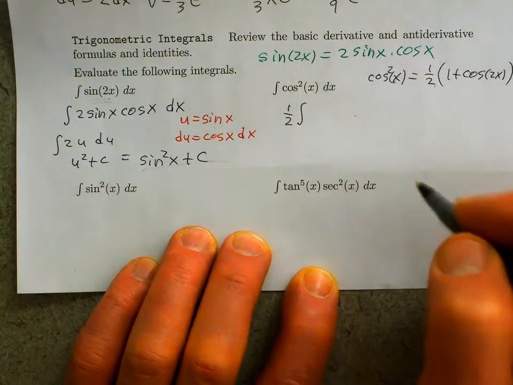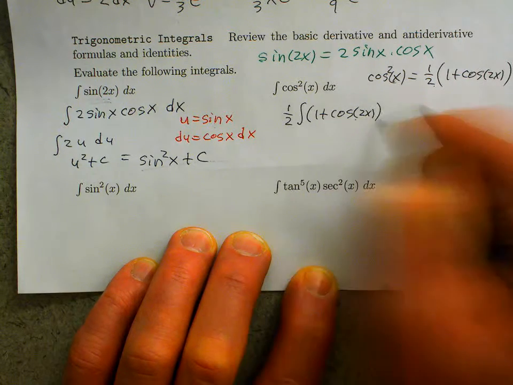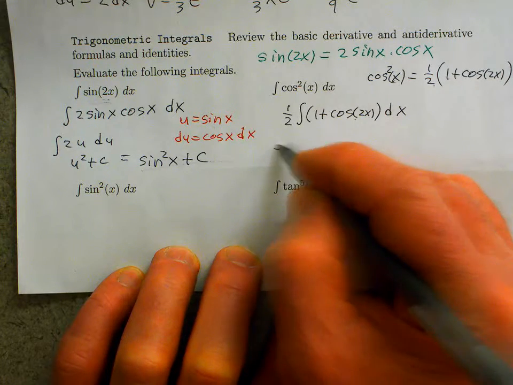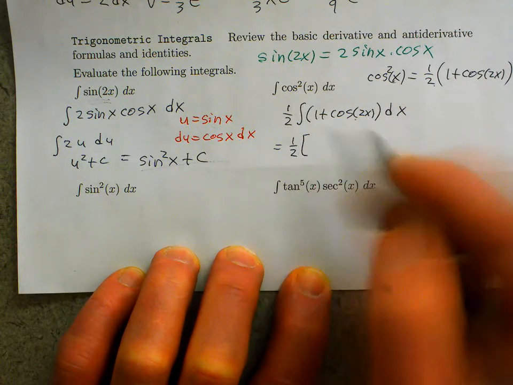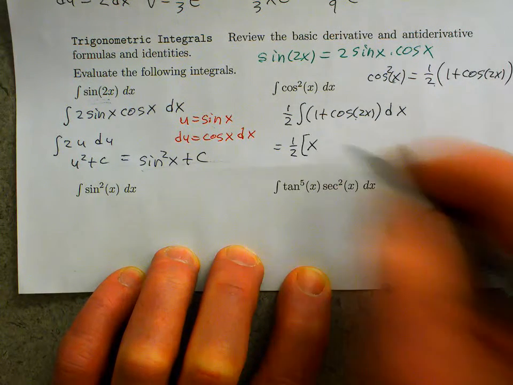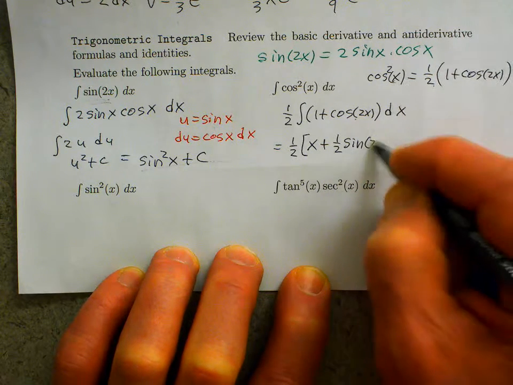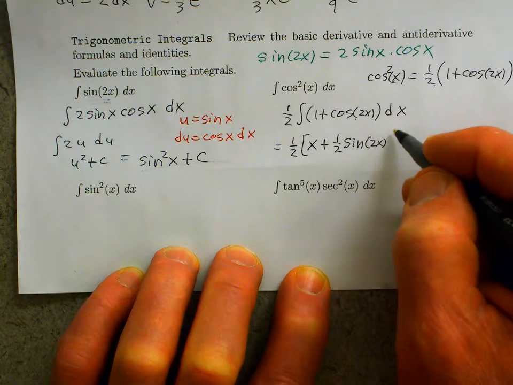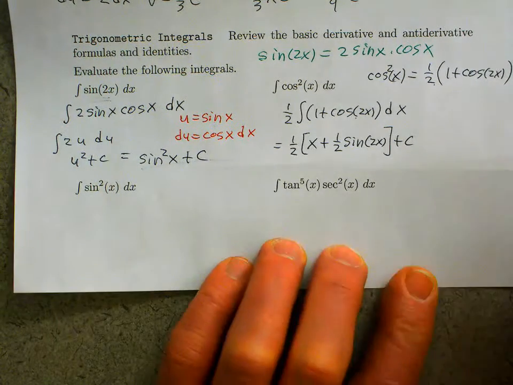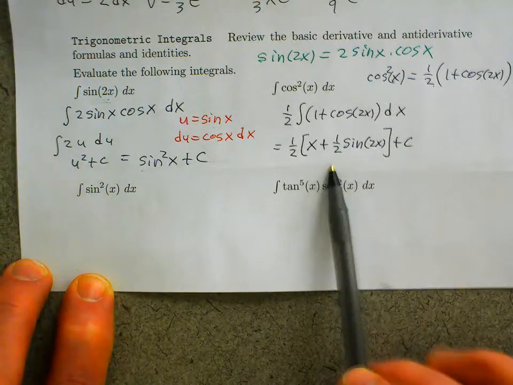So we have the indefinite integral of 1 plus cosine of 2x. So we'll get 1/2, and then an antiderivative of 1 is x, and an antiderivative of cosine of 2x is plus 1/2 times sine of 2x. Plus a constant. So this is a pretty good answer. If you want to distribute multiplication by 1/2, you can. But for now, that's good enough.